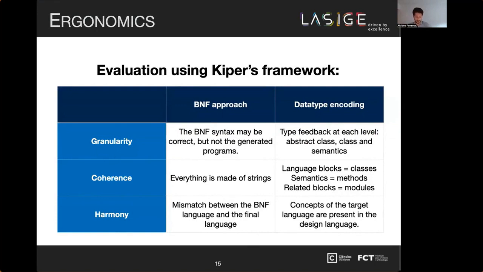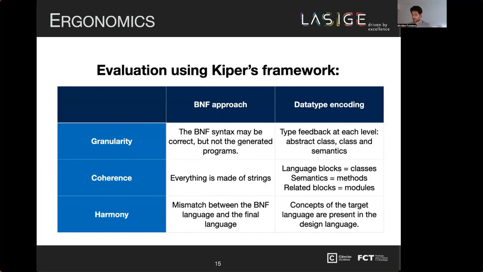And the third and most important vector is ergonomics. For this, we evaluated using Keeper's framework, in which we evaluated these two approaches using granularity, coherence, and harmony. Regarding granularity, when we have feedback about a part of your program, in our approach, you can directly say if it's part of the semantics, it's a problem in the class, or in the abstract class.